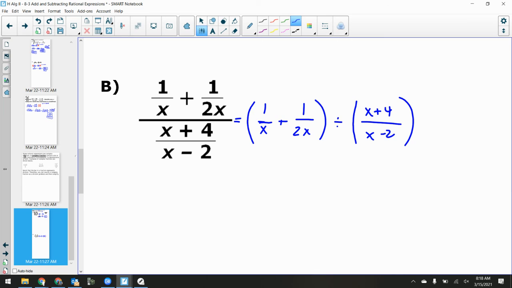What do I mean by that? Well, what's my LCD of the numerator pieces? 2x. Right, so my LCD here is 2x, which means I need to get the 2 over 2 here. So that means I've got a 2 over 2x plus 1 over 2x.